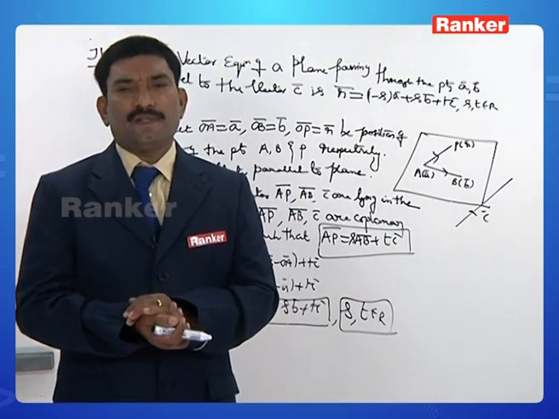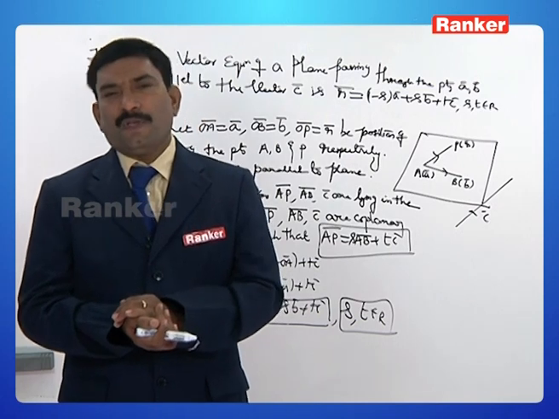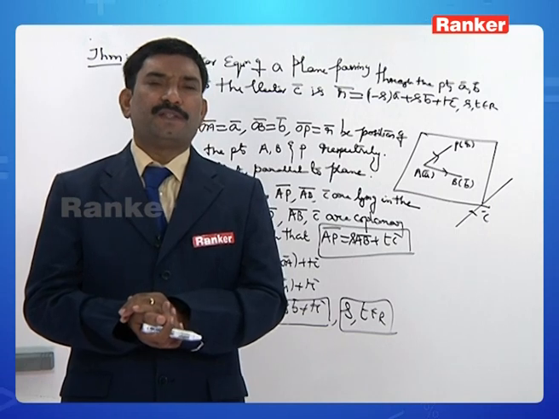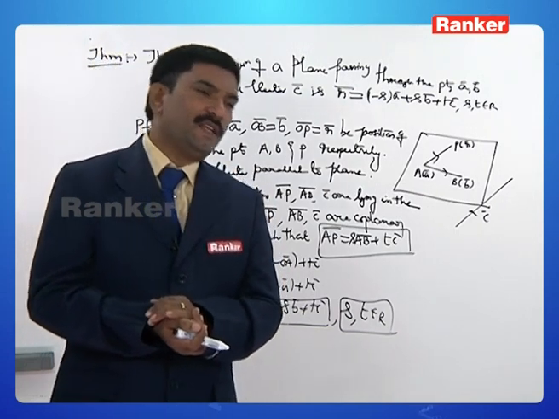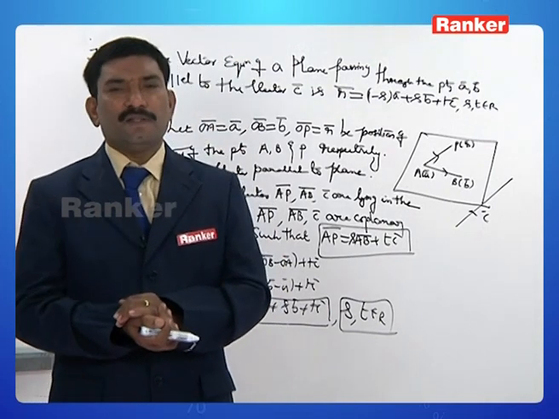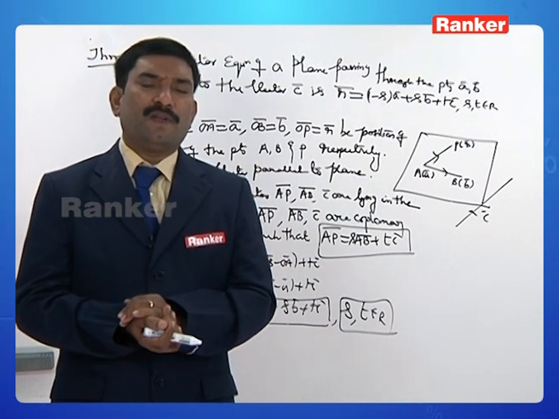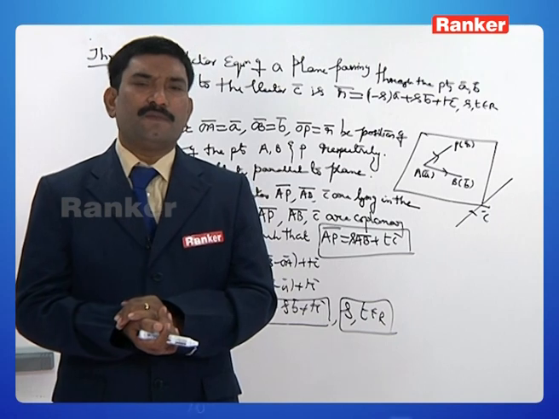In the same fashion, we have to prove the Cartesian equation of a plane passing through the 2 points A bar is equal to A1, A2, A3, and B bar is equal to B1, B2, B3, and parallel to the vector C bar is equal to C1, C2, C3.